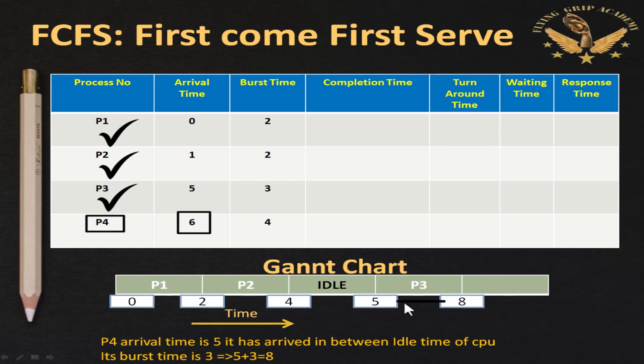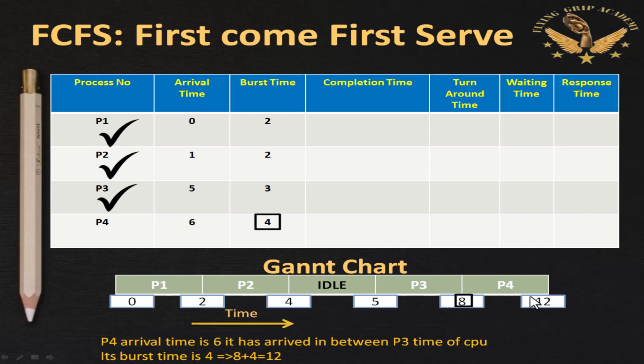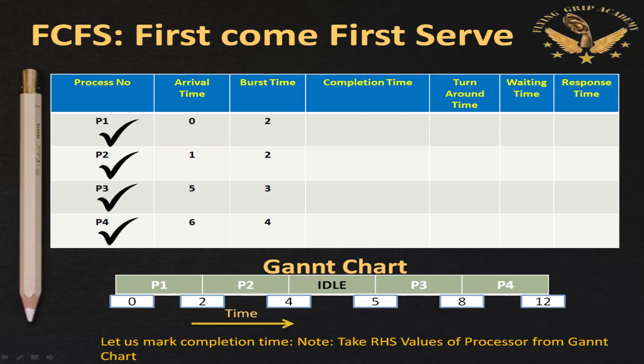Now we are going to calculate P4. It is going to take the burst time 4. So now 8 plus 4 is going to be 12. Next, we have completed all the processes.